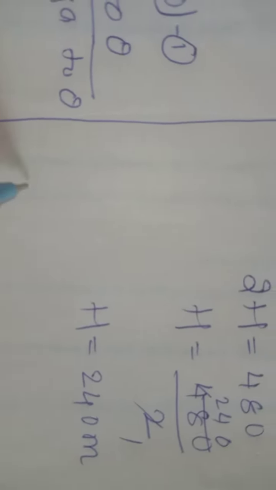What is h? Therefore the height of the cloud from the ground is 240 meters.